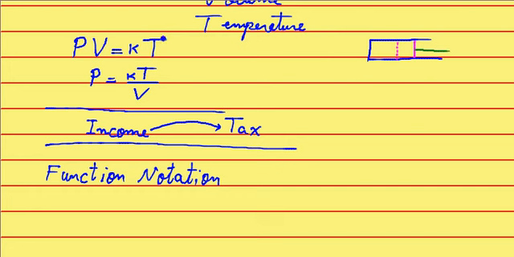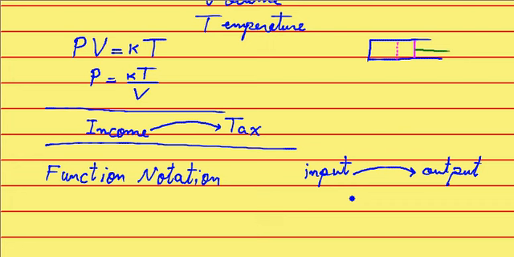We said a function consists of a set of input values, a set of output values, and some form of connecting the input to the output.